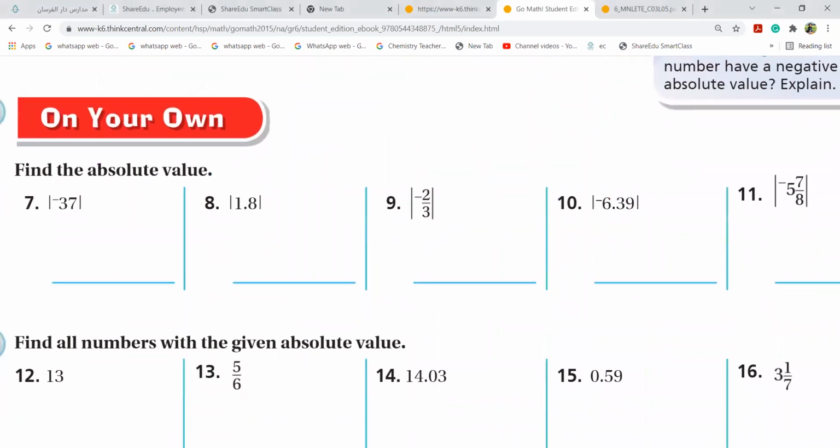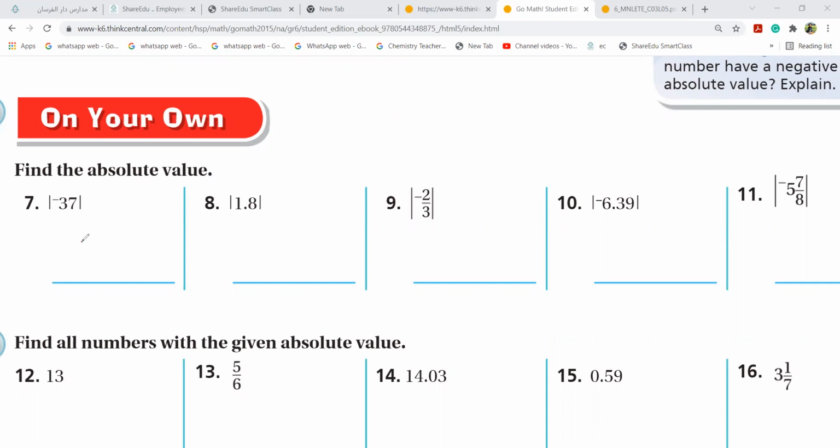On your own, yalla. Amal? Tina? What is the absolute value of -37? Yes, Tina.